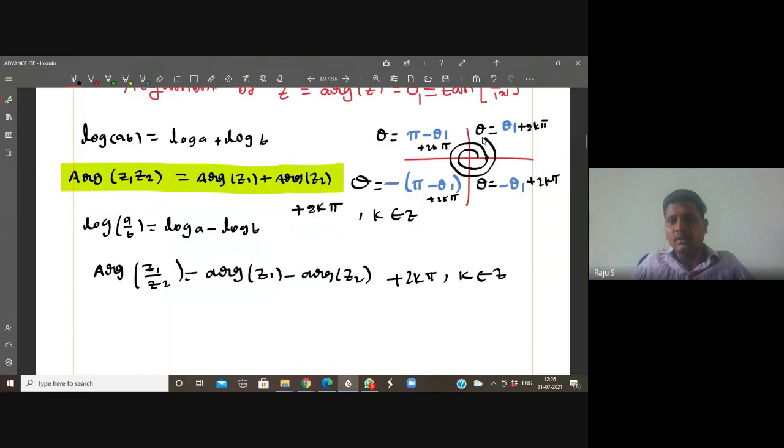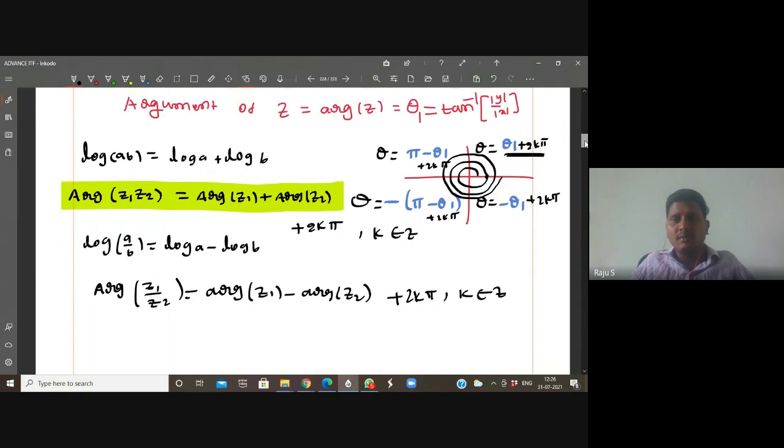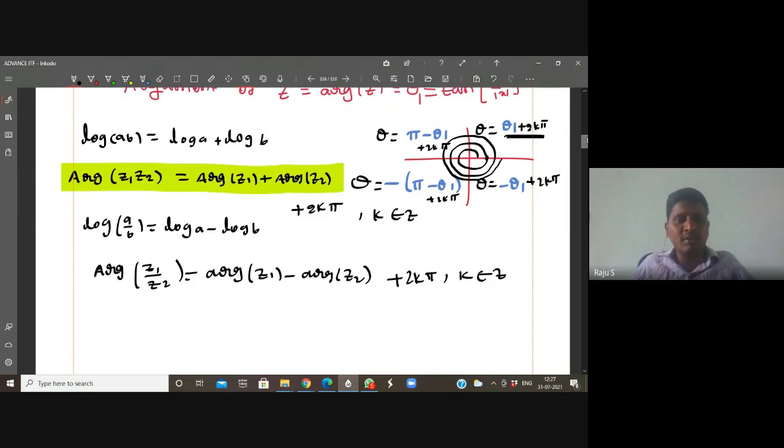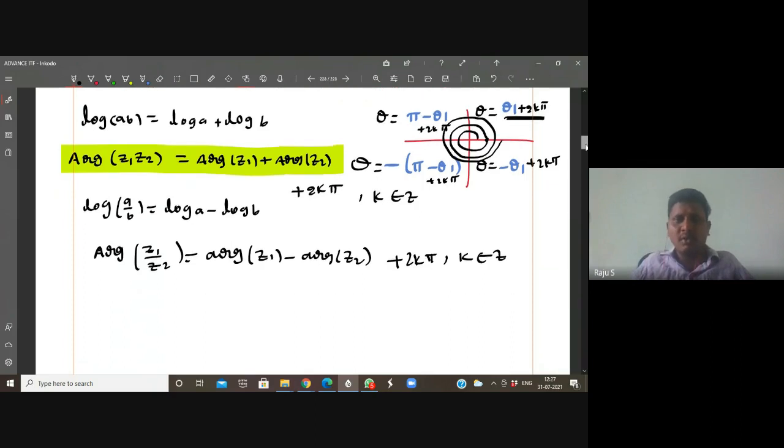This will give infinite values, infinite solutions, like sine x is equal to sine y, cos x is equal to cos y, and tan x is equal to tan y. In the same way here also, principal argument is there, least positive argument is there, general argument is there. So these are the two mainly important properties for argument.